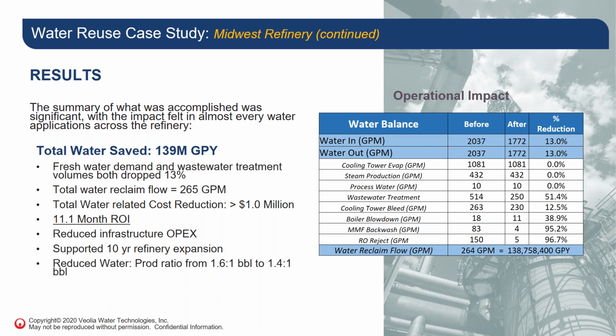And most importantly, the efficiency that they produced their product dropped from, I'm sorry, we've got a decimal point error there, dropped from 16 to 1 down to 14 to 1. That puts them in with world-class competition in the refining industry from a water efficiency standpoint.